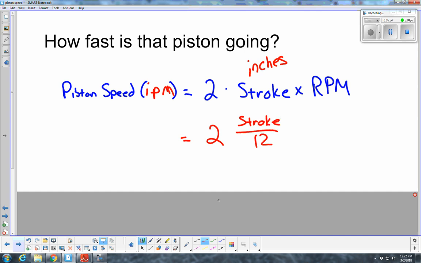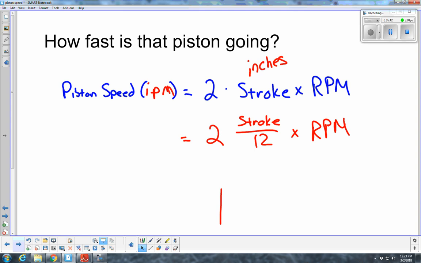Times the RPMs. Okay? Now, you might be looking at that like, I don't like that fraction. I'm going to switch that fraction up a little bit. So what do you know if you have a 2 on the top and a 12 on the bottom? What are you able to do? It's like cross multiply, but it's called cross cancel, right?